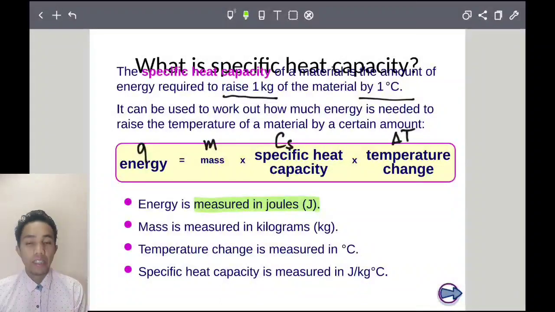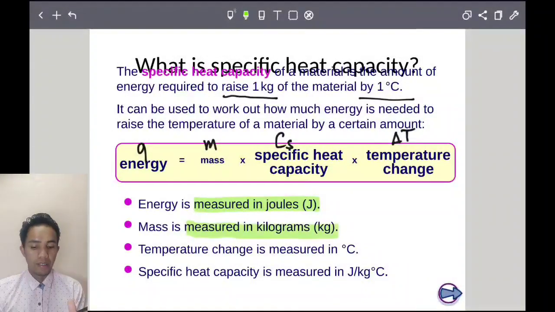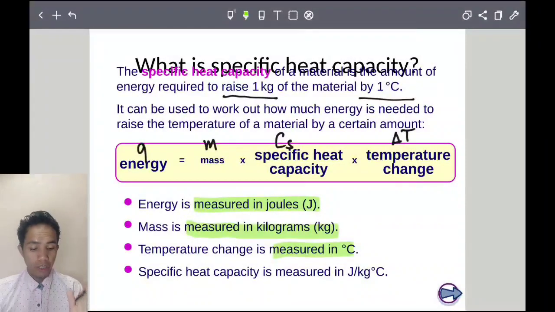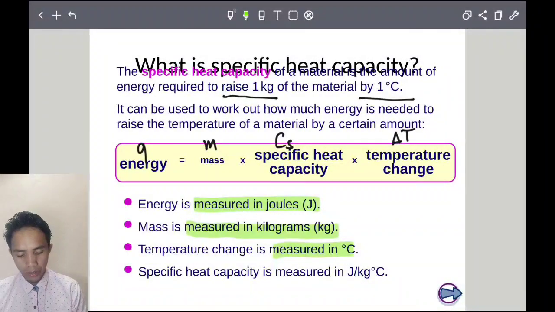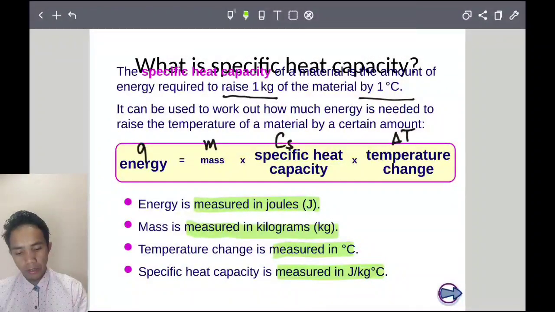Okay, so we're going to learn here, energy is measured in joules, mass is measured in kilograms, temperature change is measured in degrees Celsius, and specific heat capacity is measured in joules per kilogram degrees Celsius.